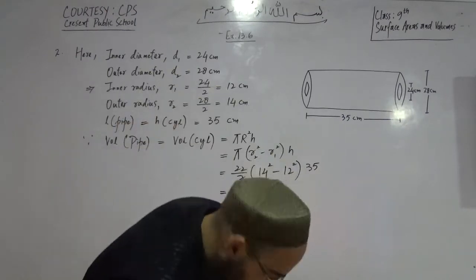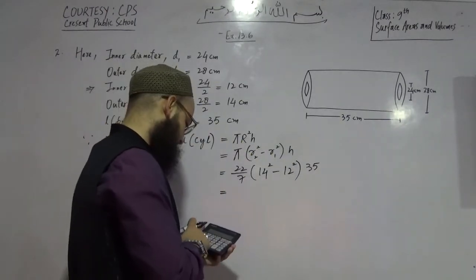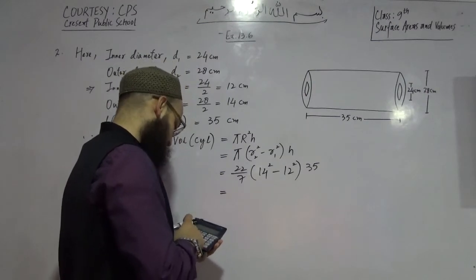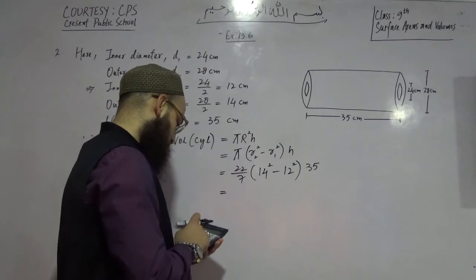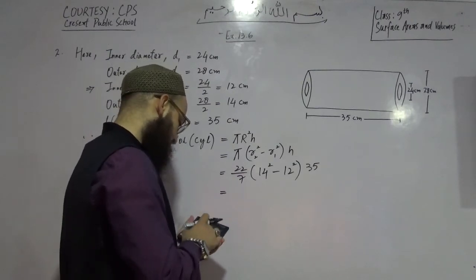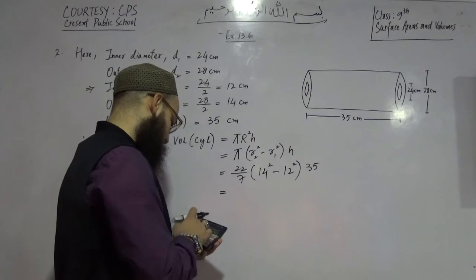Then you can solve this. 196 minus 144, so I got 52 times 35 times 22 divided by 7.